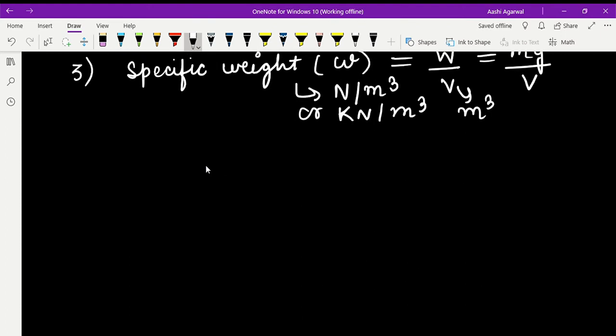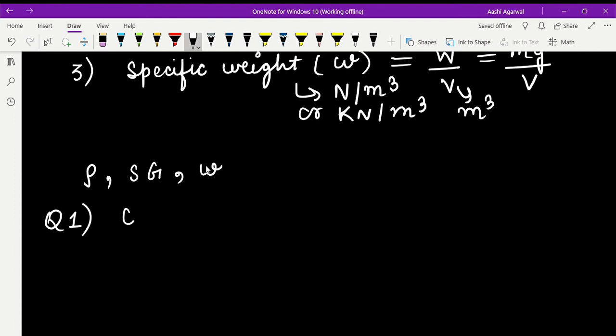So now again we'll look at the problems which are based on these three properties, that is density, specific gravity and specific weight. For each property I'll take one numerical, I'll take all three properties.